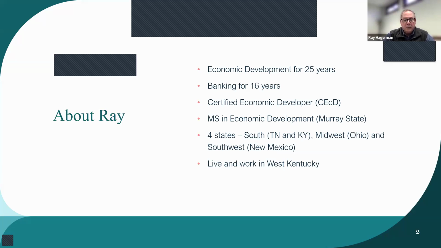That was a different world for economic development, but it was nonetheless necessary. I enjoyed it immensely and got a lot of experience there. But I have now been in Kentucky for nearly 10 years. I live and I work in Western Kentucky, and I believe strongly in regional cooperation.